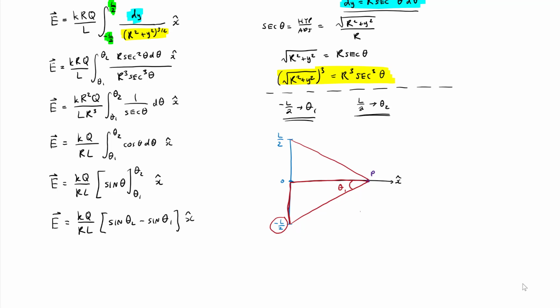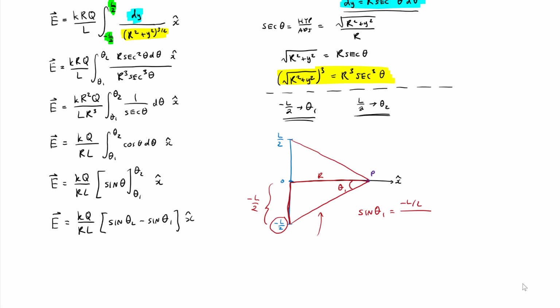And this particular triangle, if I want sine of theta 1, this triangle gives me opposite. So this opposite is negative L over 2 over hypotenuse. And the hypotenuse is going to be, so this is always r, going to be r squared plus negative, don't have enough space.